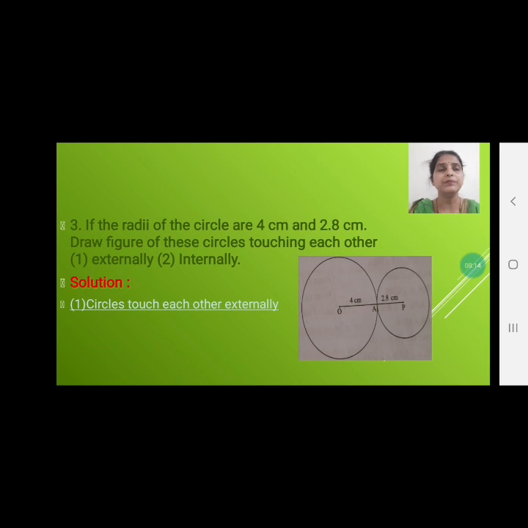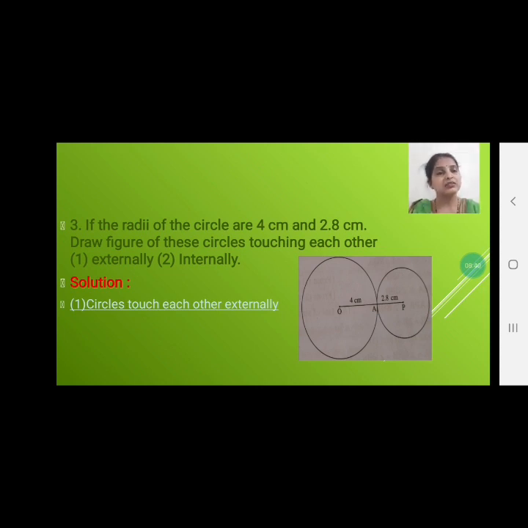Next problem. Here what you have to do is draw circles of different radii and show that they are touching externally and touching internally. So you have to draw circles of 4 centimeter and 2.8 centimeter. First take the radius of 4 centimeter with the help of compass and scale.